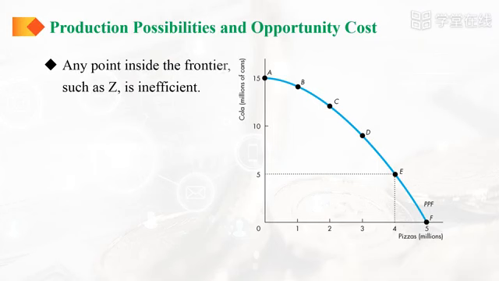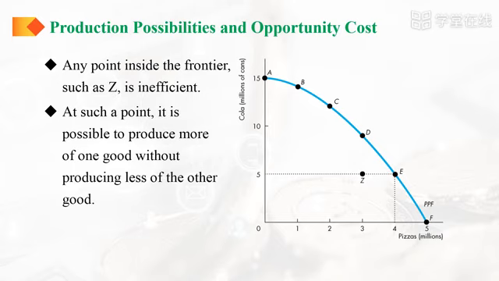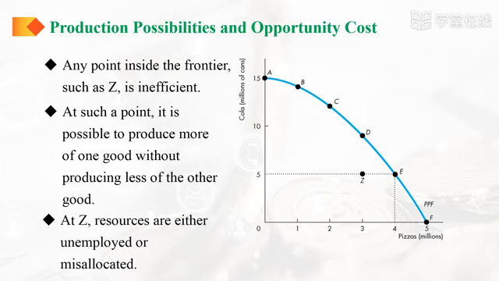Any point inside the frontier, such as Z, is inefficient. At such a point, it is possible to produce more of one good without producing less of the other good. At the point Z, resources are either unemployed or misallocated.